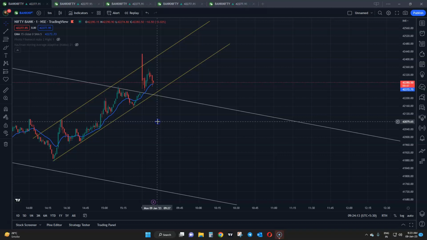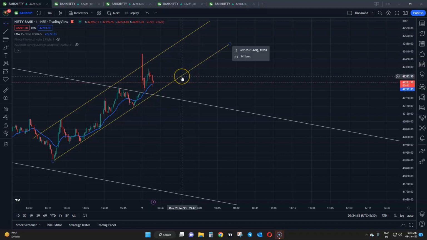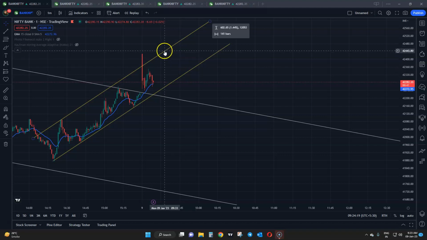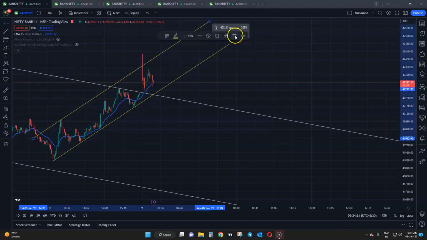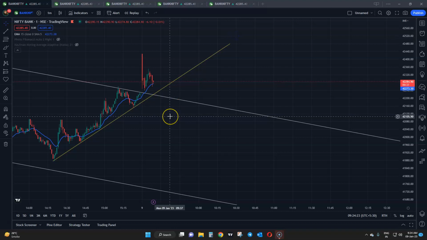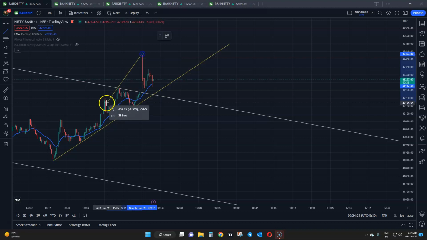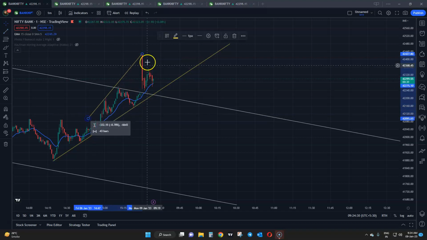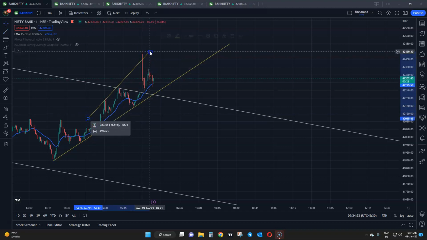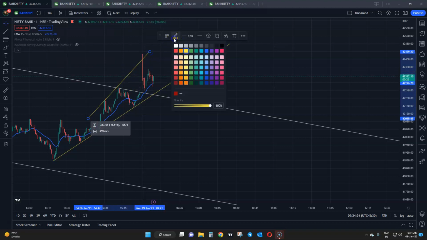Is there another way to look at it? That's the question. So let's try that. Let's keep the bull trend line active. By active, I mean alive. And let's have this one.